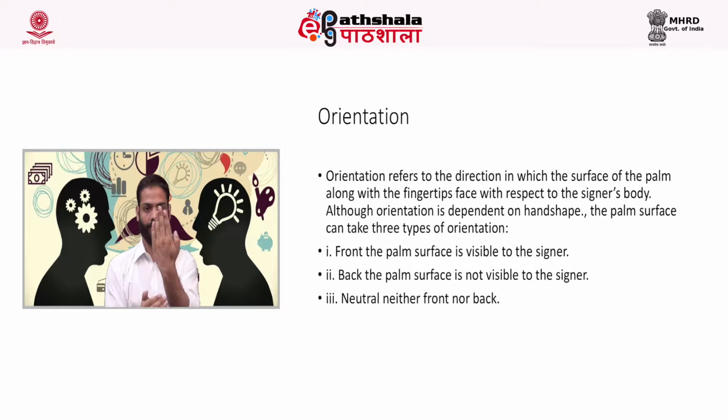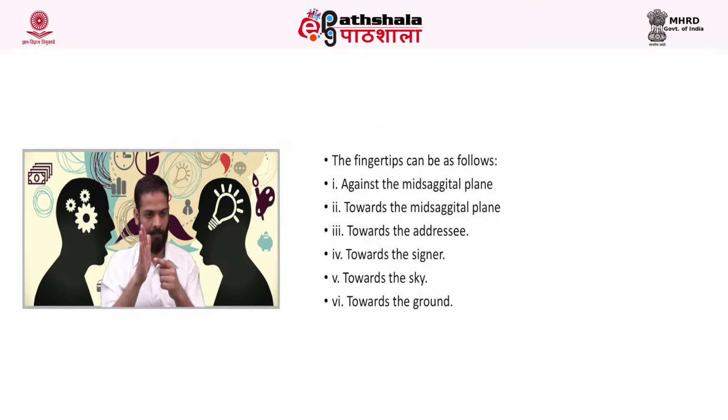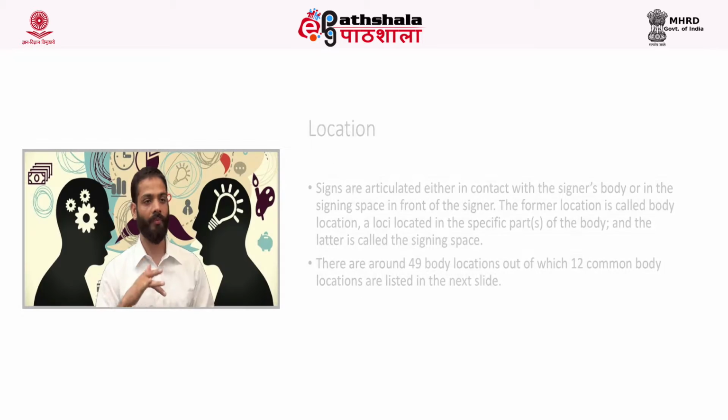Front, palm surface is visible to the signer. Back, palm surface is not visible to the signer, and neutral, neither front nor back. The fingertips can be as follows: against the mid-sagittal plane, toward the mid-sagittal plane, towards the addressee, towards the signer, towards the sky, or towards the ground.